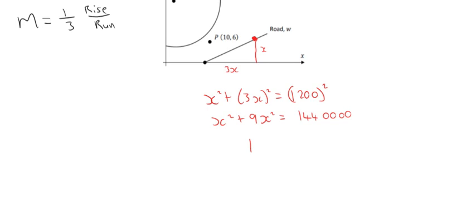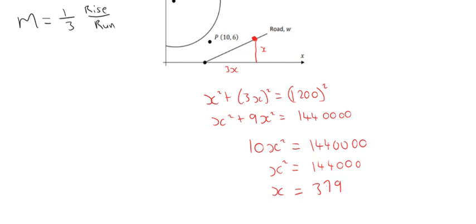Right, so we get 10x squared. Therefore, if you square root both sides, you get x is equal to 379, we'll just say 0.47.